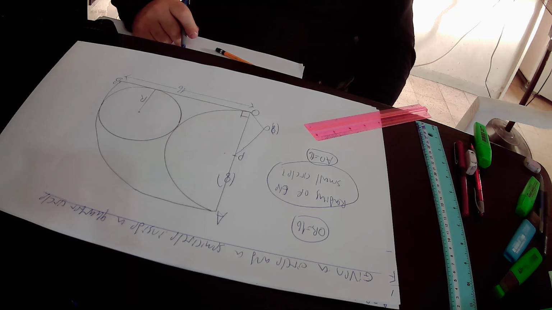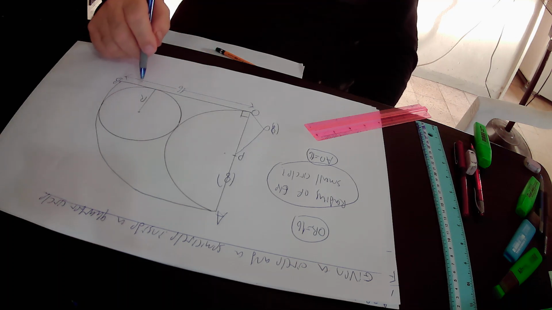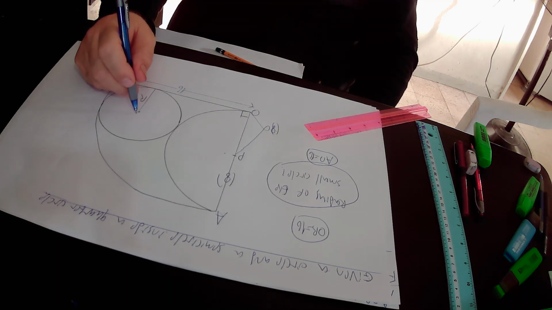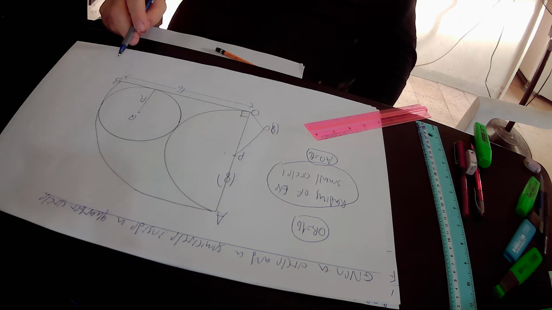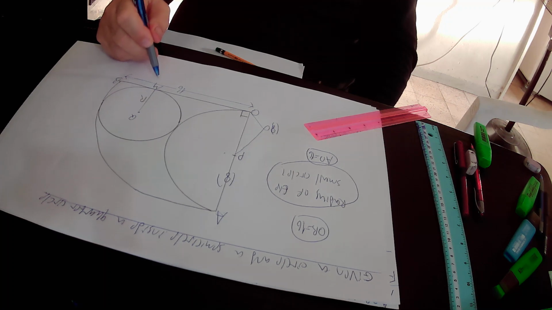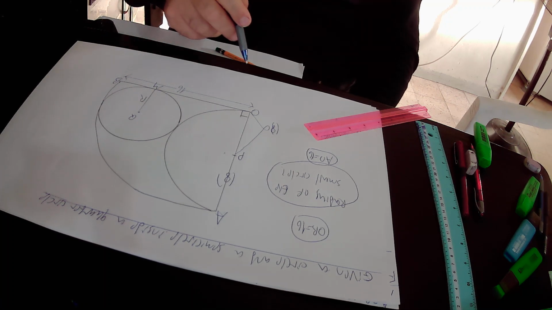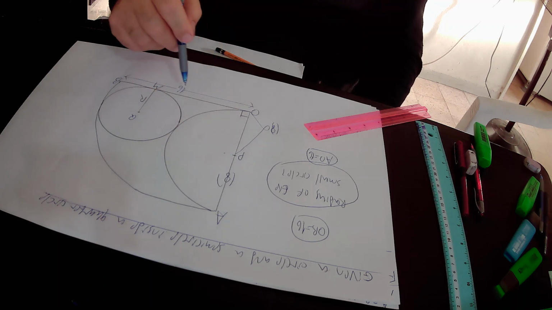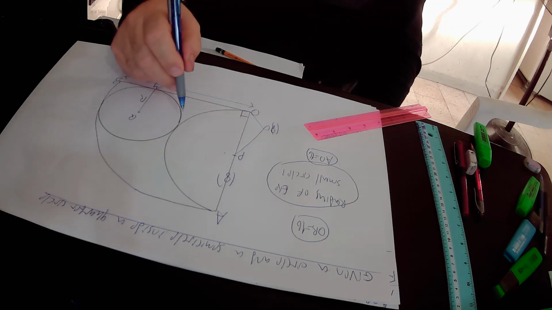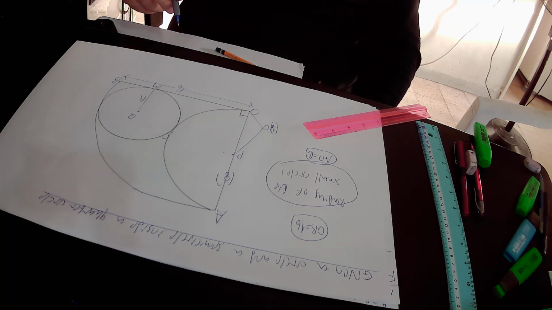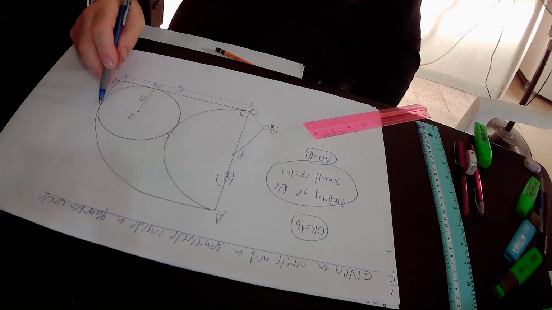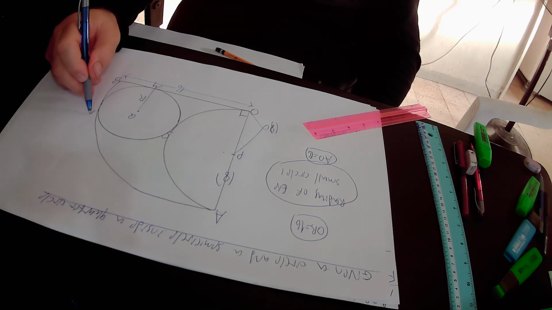We define the center of this small circle as Q. We define the point of tangency of OB with this circle as point M. We define the touching point of this semicircle with this small circle as point S. And finally, we define the touching point of the big quarter circle with this small circle as point T.